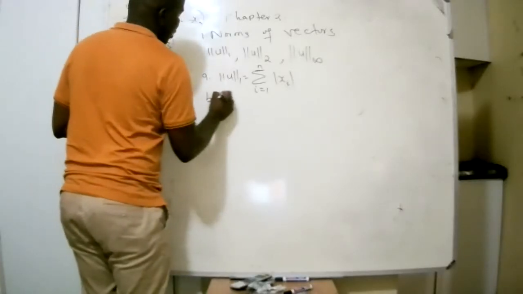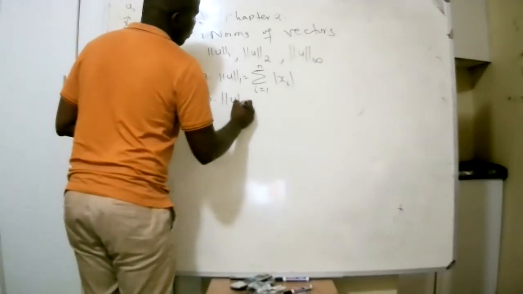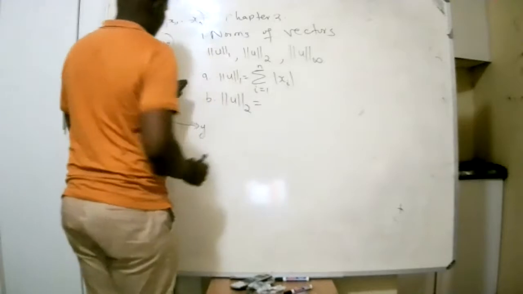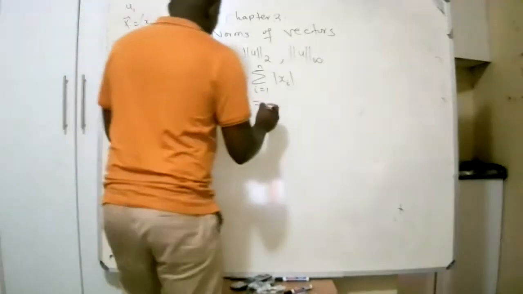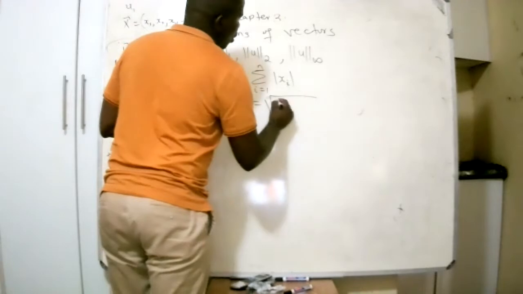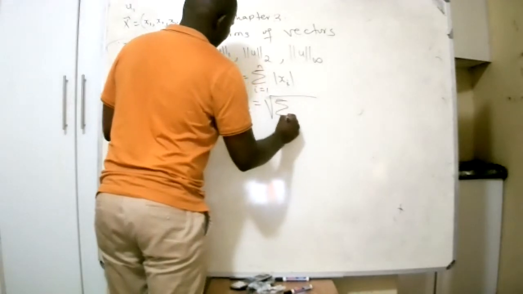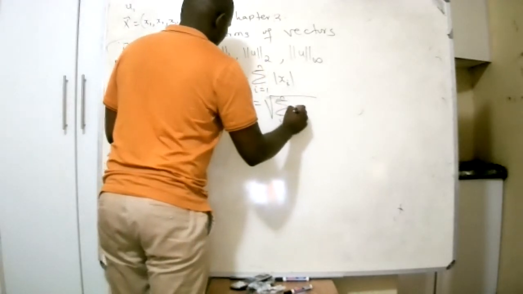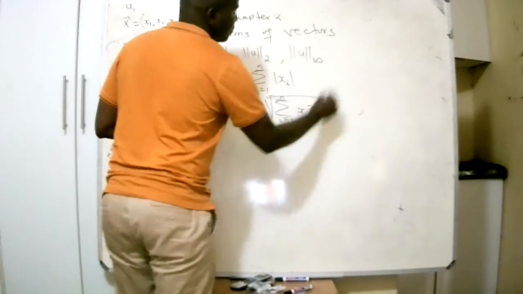Then we go to the second one, which is called the 2 norm. How do we calculate the 2 norm? We calculate it with the sum again. So we have the root of the sum from i equals 1 to n of xi squared.